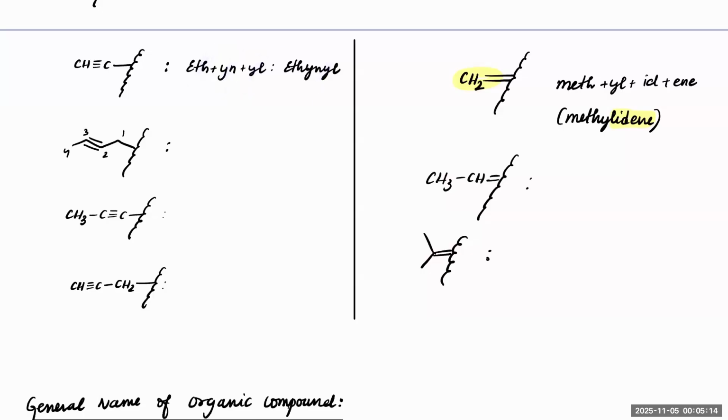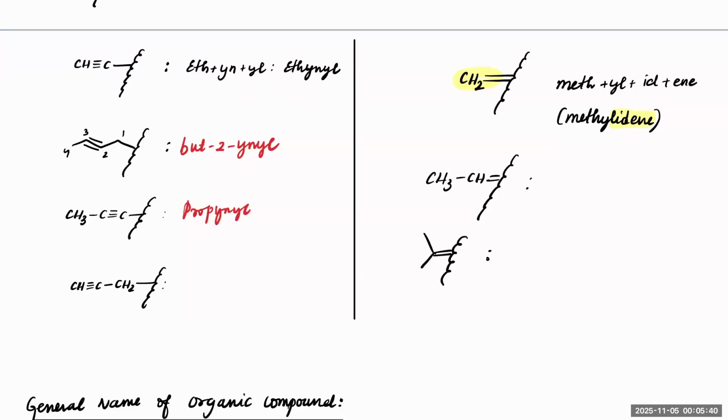So you can see same way. What could be a name here? This will be butene. Second position, we have ene. This is an ine because it is alkyne. Then yl. So that is but-2-yn-yl. Third one, this is going to be 3 carbons. So this is propynyl.